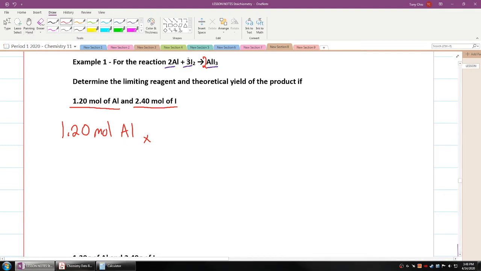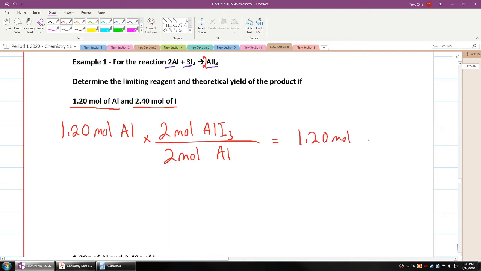In this case, it's a 2:2 ratio, so you have 2 moles of aluminum iodide over 2 moles of aluminum. You're going to get 1.2 moles of aluminum iodide created. Okay, let's take this for iodine. Iodine is 2.4 moles of iodine.